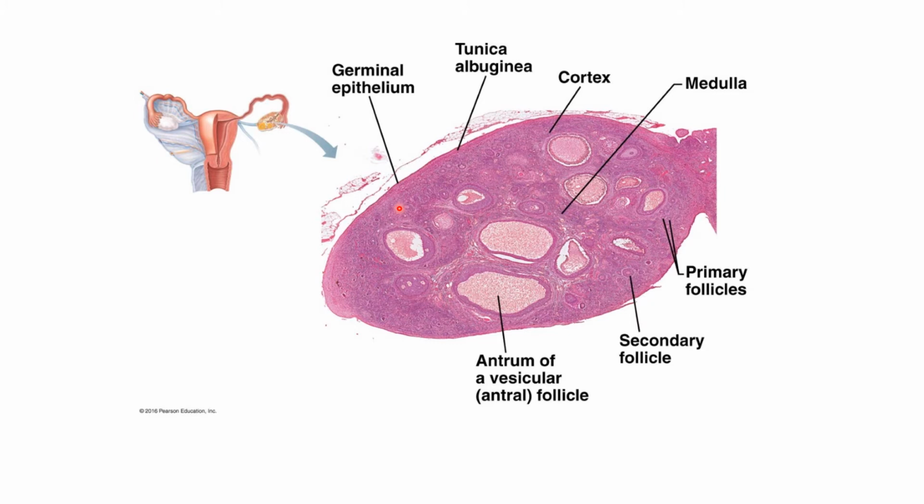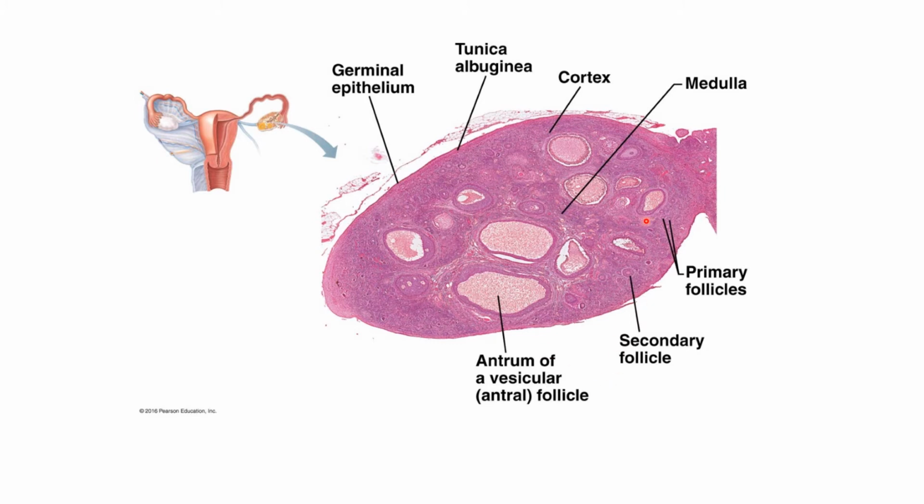Those oocytes are going to be encased by cells. We refer to them as follicle cells. If there's one layer of those cells, we call them follicle cells. If there are multiple layers of cells surrounding an oocyte, we refer to them as granulosa cells.